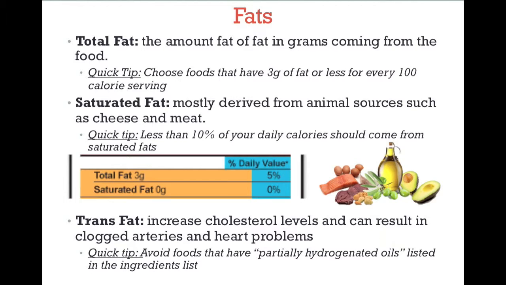These fats increase your cholesterol levels and can result in clogged arteries and heart problems. For a quick tip, the government is actually trying to eliminate all trans fat from food. You can avoid consuming trans fats by not eating anything that has partially hydrogenated oils in the ingredient list.